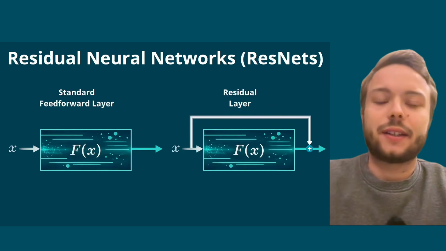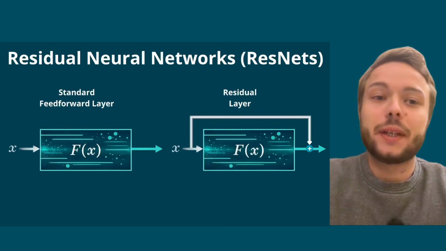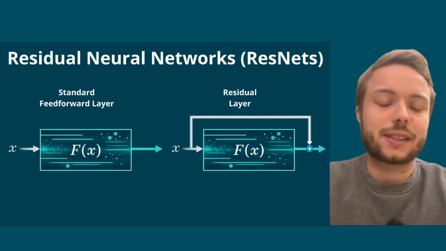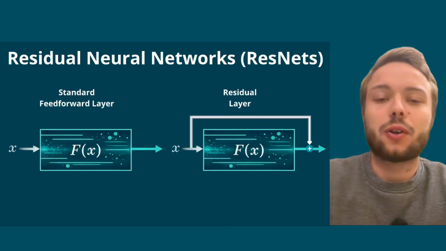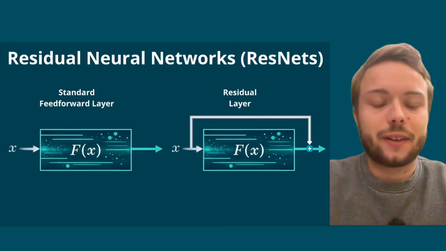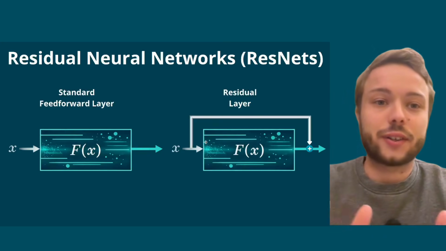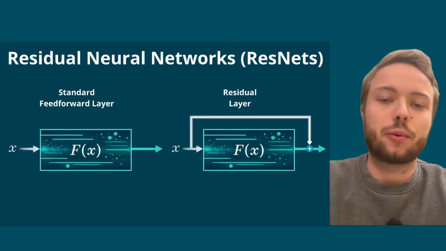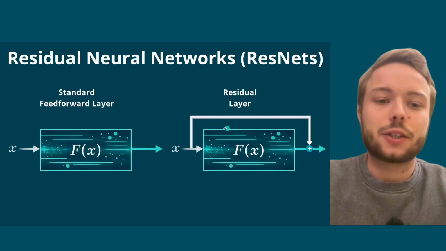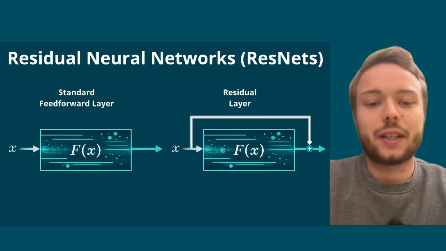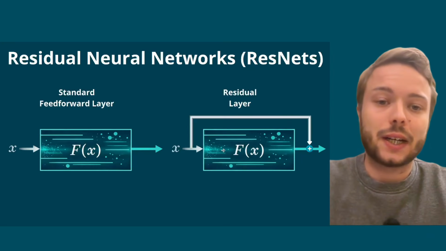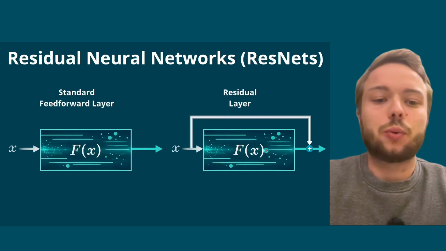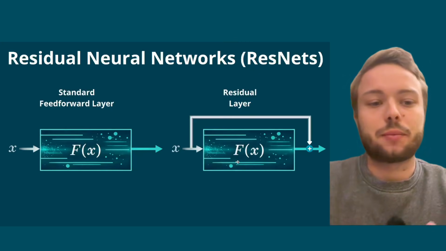A residual layer, which is the fundamental building block of residual networks, is slightly different, because we don't parameterize the map entirely, but we parameterize only the residual that this map has compared with the identity, so how far this map will be from the identity. This means that instead of just having x which is mapped into f of x, we will map x into f of x plus the input itself, plus x.